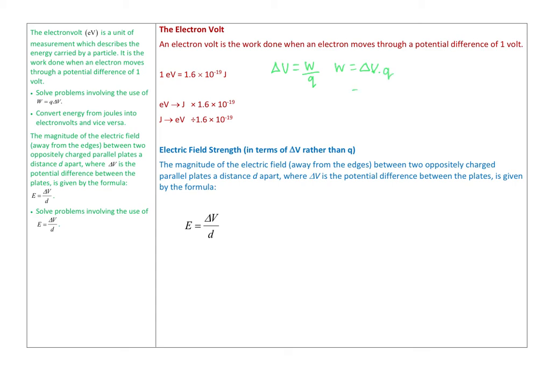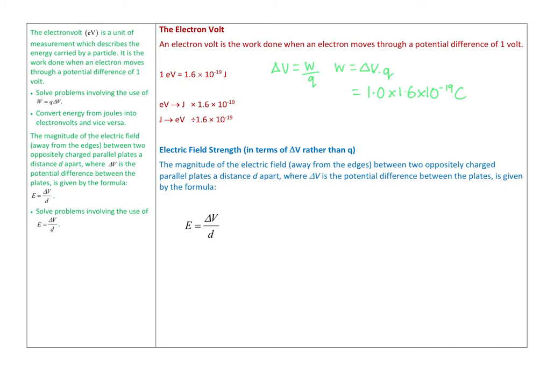So if we have an electron and we go 1 volt times the charge on an electron, 1.6 times 10 to the minus 19 coulombs, that gives us 1.6 times 10 to the minus 19 joules, and we refer to that as an electron volt because it's a very common unit of energy that we use in physics.